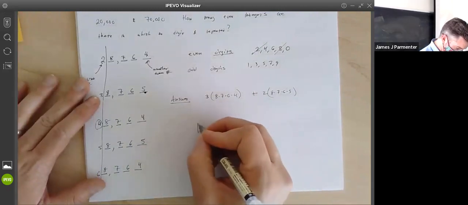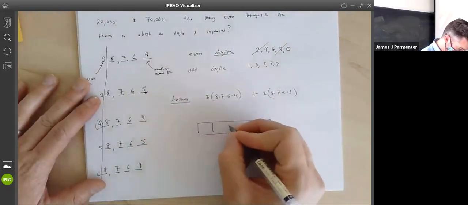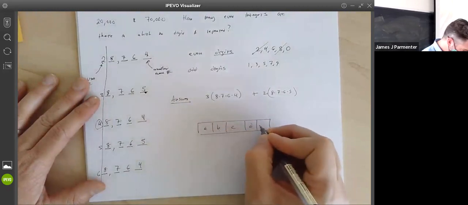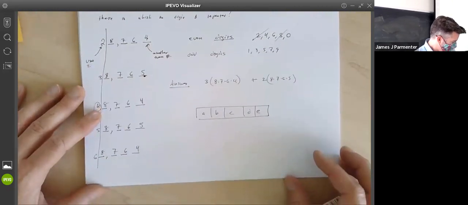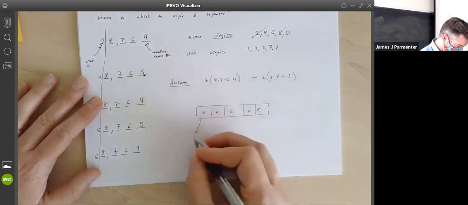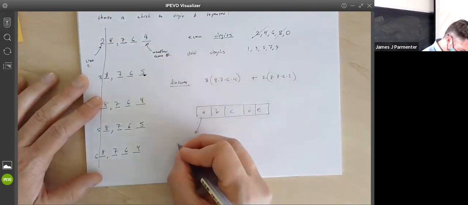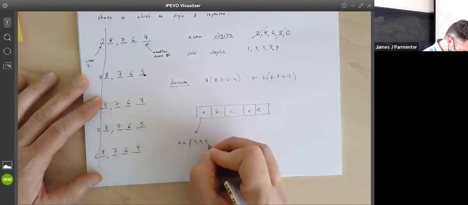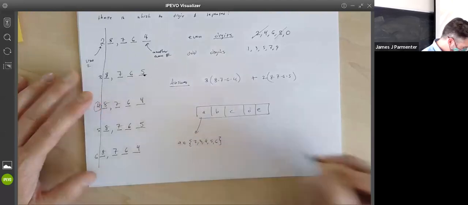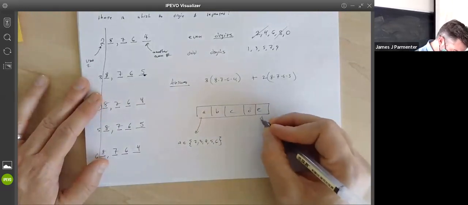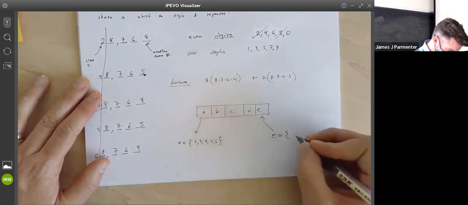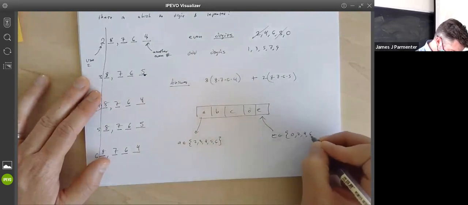He said, okay, I've got 5 slots, A, B, C, D, and E. The first slot has to be either 2, 3, 4, 5, or 6. And then the last slot has to be 0, 2, 4, 6, or 8.